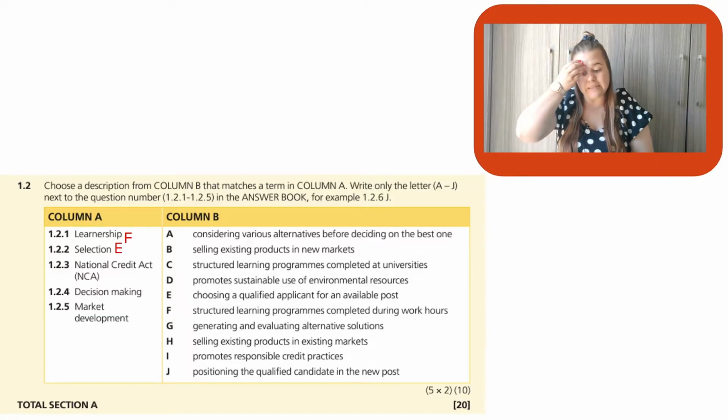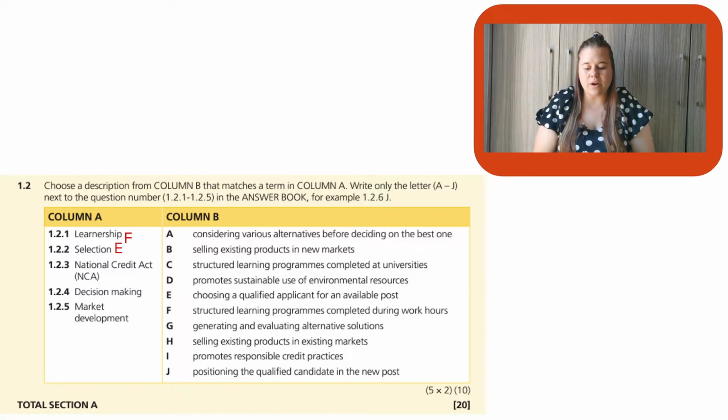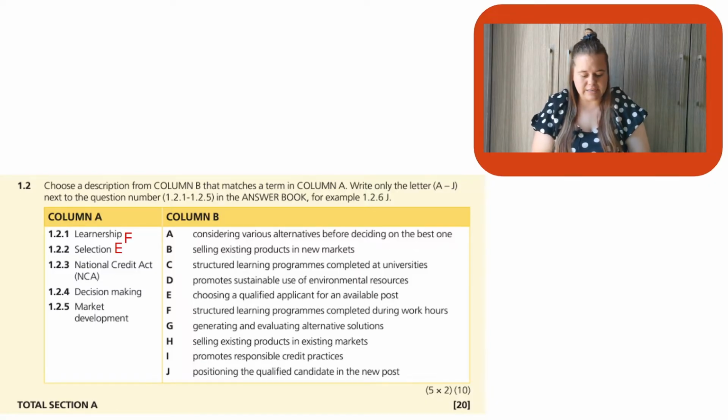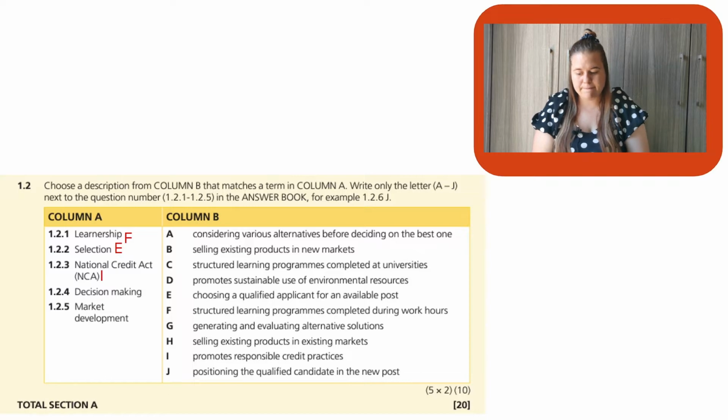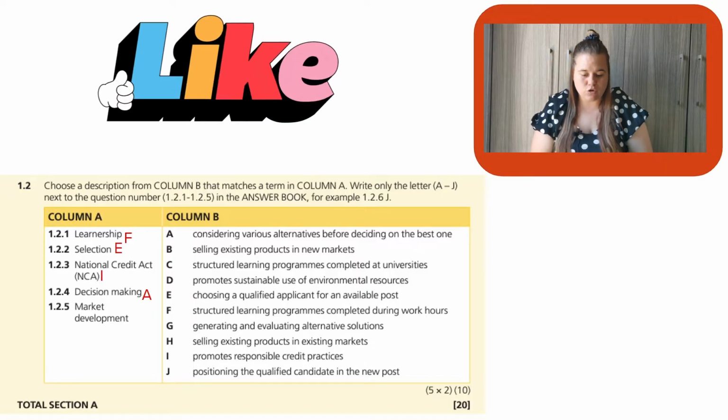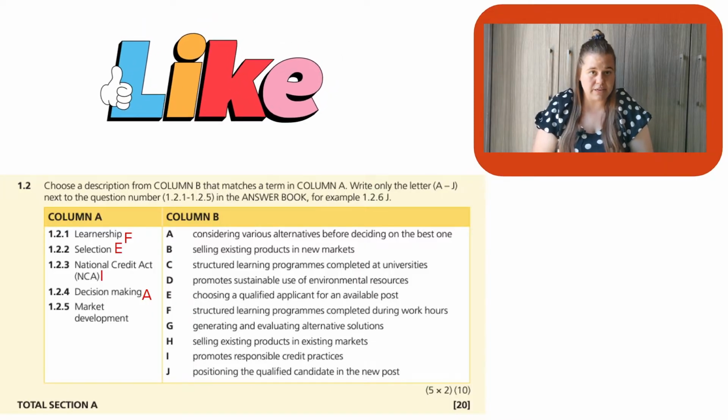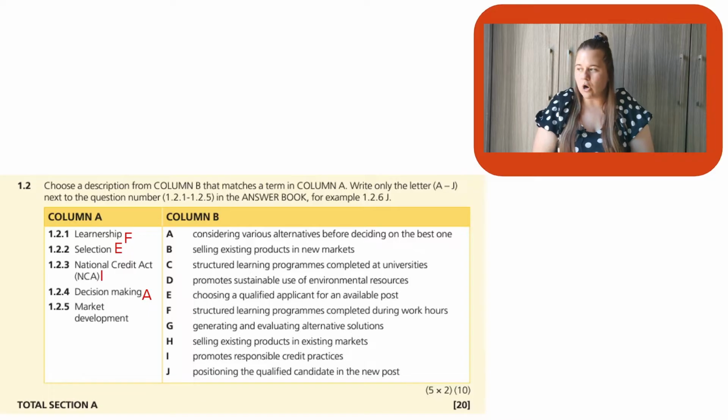Selection is E, choosing a qualified applicant for an available post. National Credit Act is I, it promotes responsible credit practices. Then decision making is option A. It's considering various alternatives before deciding on the best one. Market development, we are looking at option B, selling existing products in new markets.